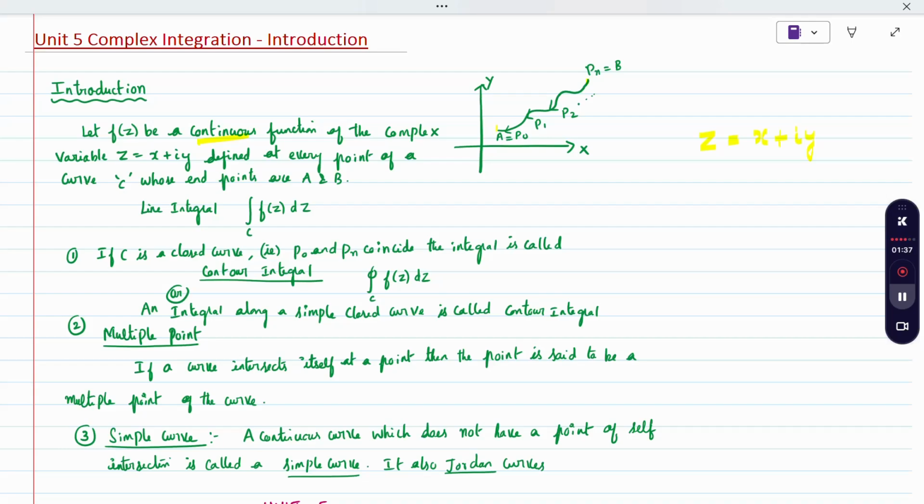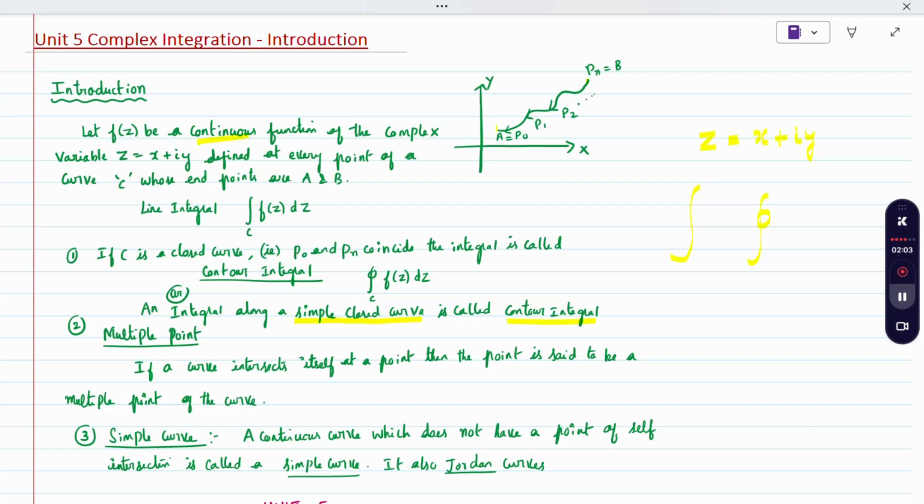To differentiate it, instead of writing a single integral, we write a closed-loop integral of f(z) dz. It can also be stated as an integral along a simple closed curve, which is called a contour integral.